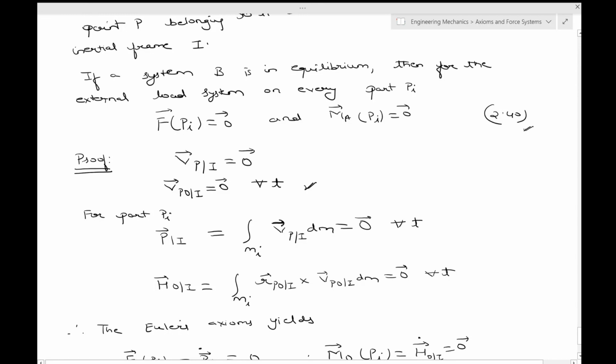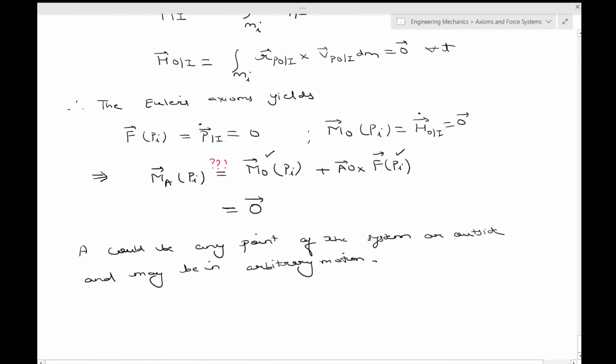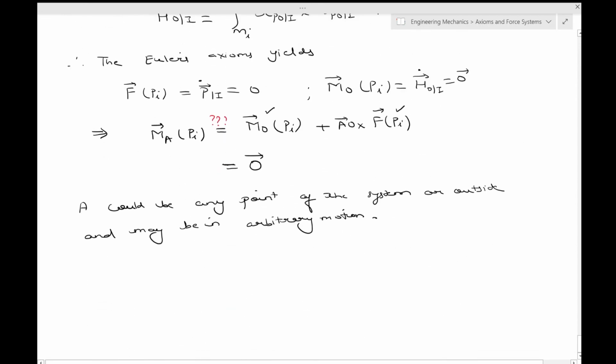And then you can write that equation 2.40 holds for the complete system B in equilibrium.